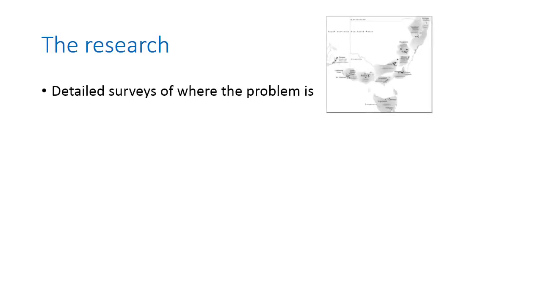And so the first part of research that we conducted was detailed surveys across the plantation estate to identify where the problems were, and this would ultimately assist in where we would target our intervention.